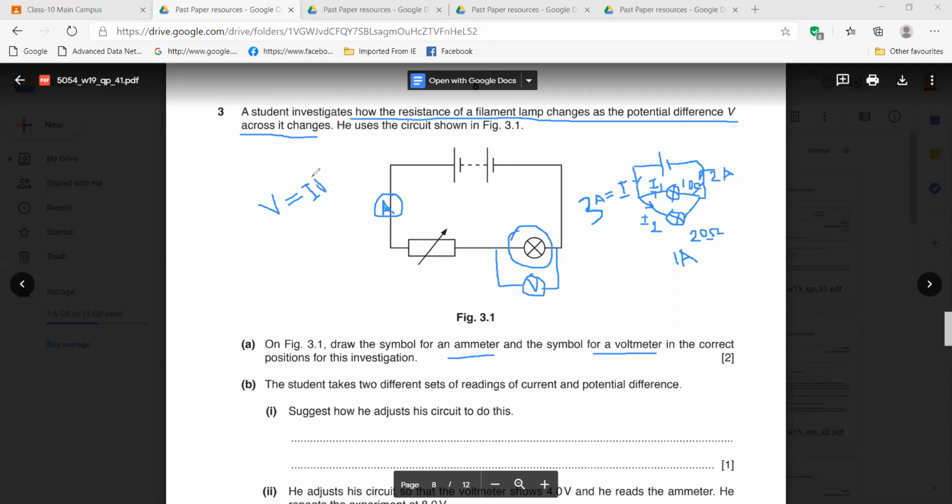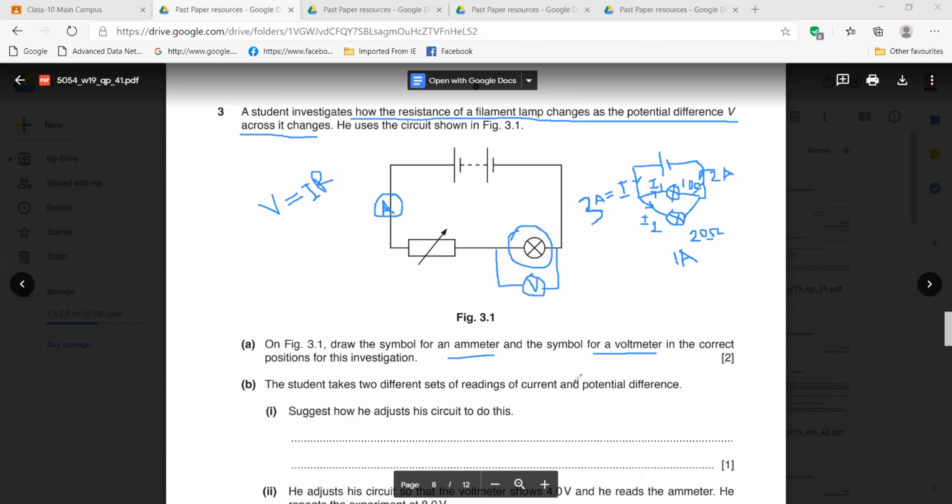If the current is more in the circuit, then this lamp will also get more current. Its potential difference comes from IR, but its resistance is the same as before. As the current is increasing, if you multiply with the more current, then the potential difference also will increase.